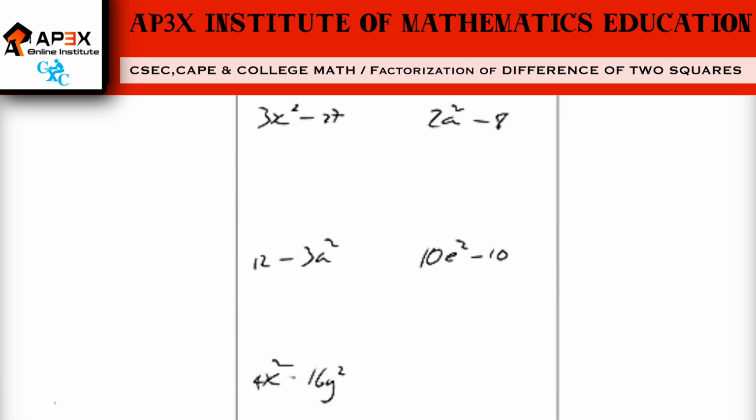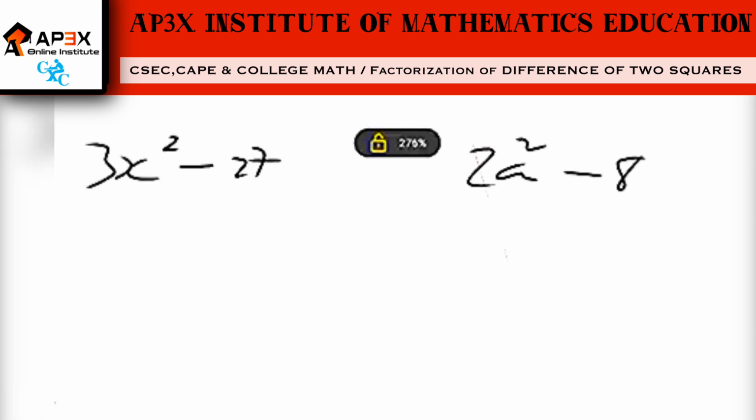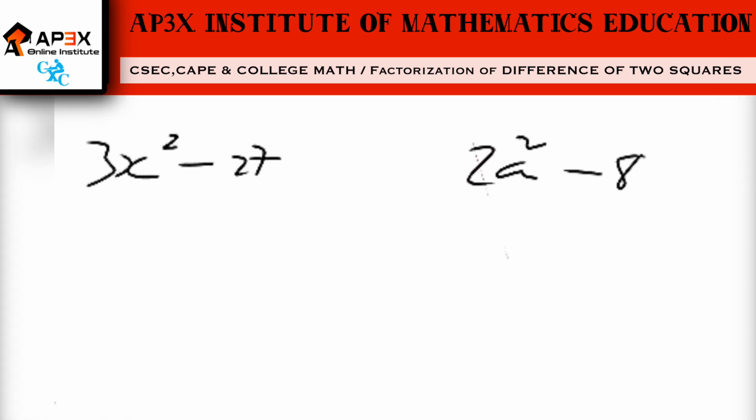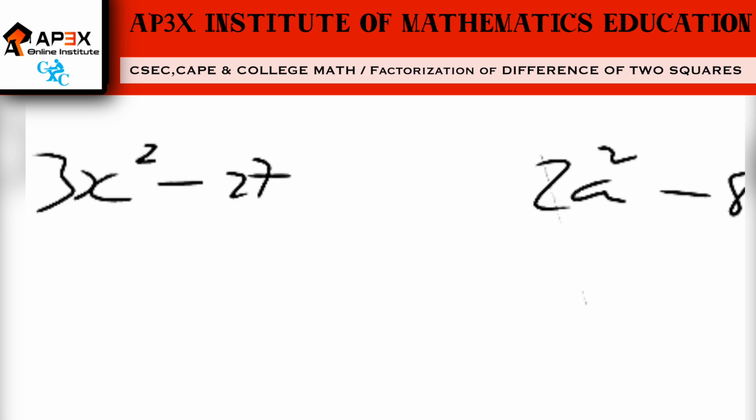It's not that complicated. What we're going to do here, guys, is simply factorize by the HCF. There is nothing to square to get 3 and nothing to square to get 27, but if we take a closer look, you'll find that 3 and 27 have something in common.